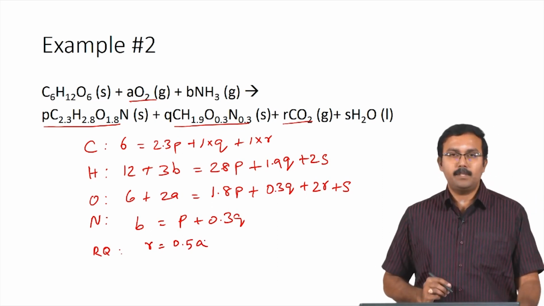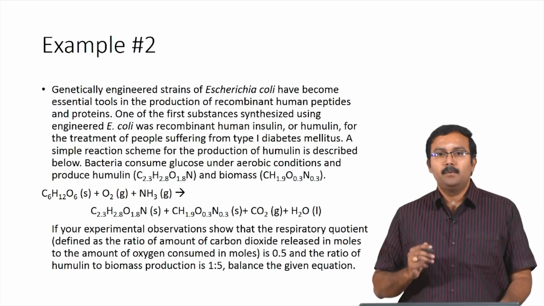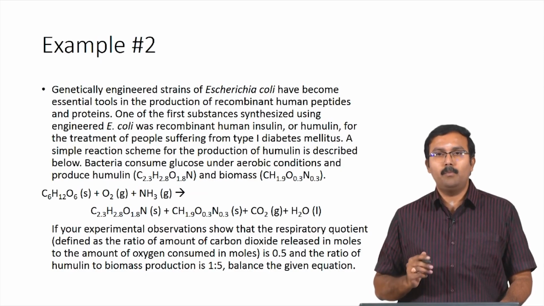And another information which has been provided to us in the problem is we have the ratio of humulin to biomass production as 1:5.